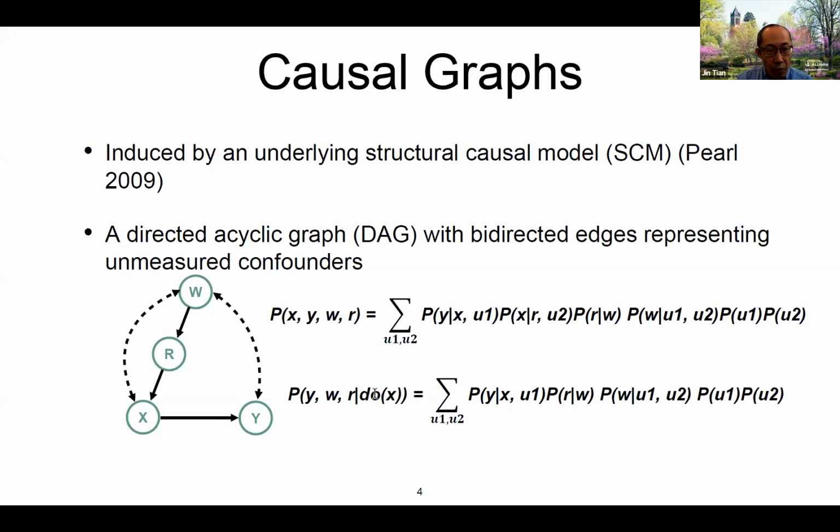The effect of the do intervention on X is defined by basically removing the corresponding factor for X and assuming X to be constant in all the other places. So this formally represents the causal effect of do X on other variables.